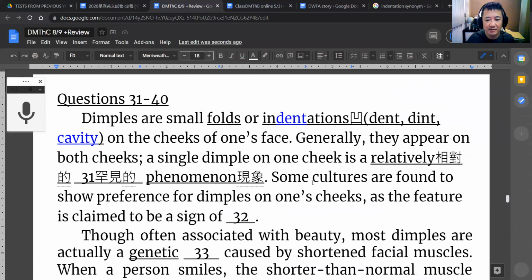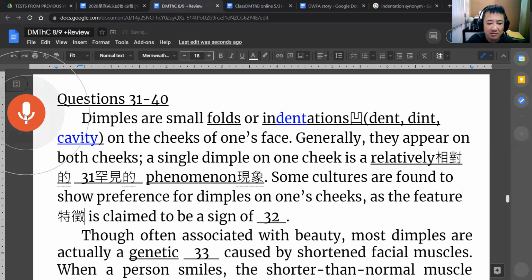Some cultures are found to show preference for dimples. That means we like it. To have a preference means you like it. So some cultures are found to show preference for dimples on one's cheeks as the feature, as the 特征, is claimed to be a sign of what?